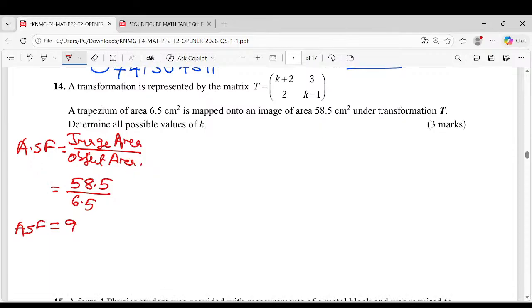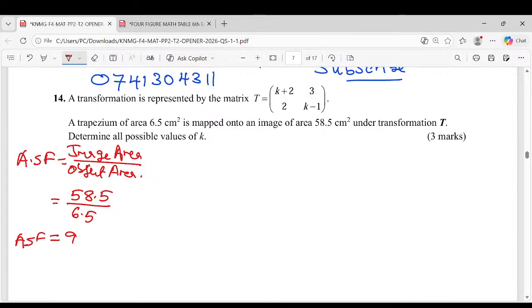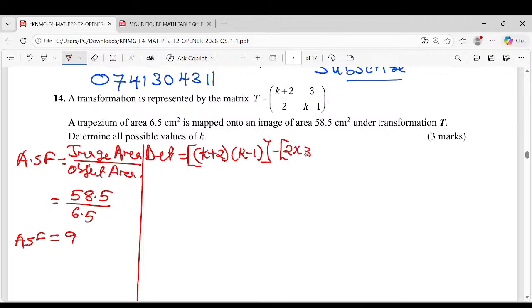After getting that as 9, let's also get the determinant of the matrix of transformation. How do you get the determinant? The product of elements in the main diagonal, that is k plus 2 multiplied by k minus 1, minus the product of elements in the minor diagonal, given as 2 multiplied by 3.